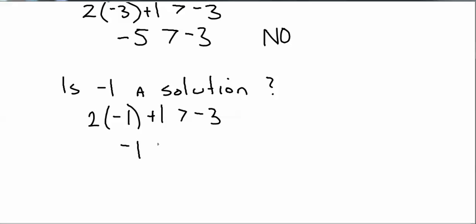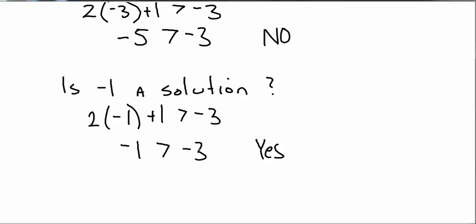Negative 1. Is it greater than negative 3? Yes, it is. Okay. Who can tell me why it's greater than negative 3? Taylor. It's closer to 0. Very good. It's further to the right on the number line, isn't it? All right. Further to the right on the number line.